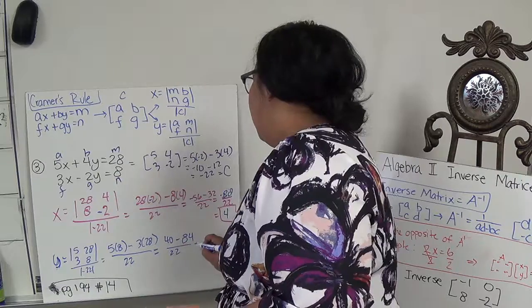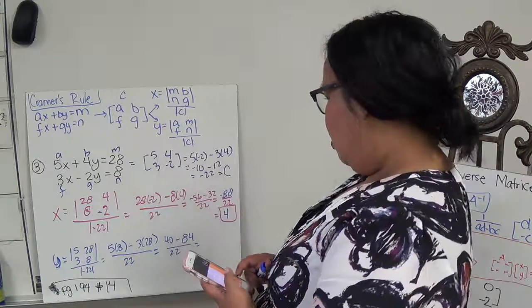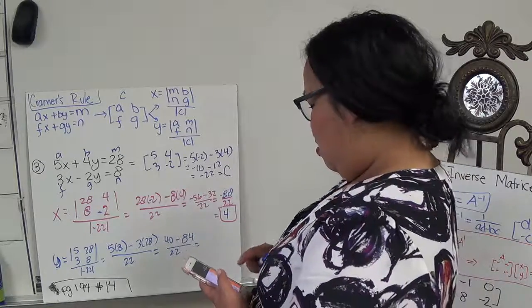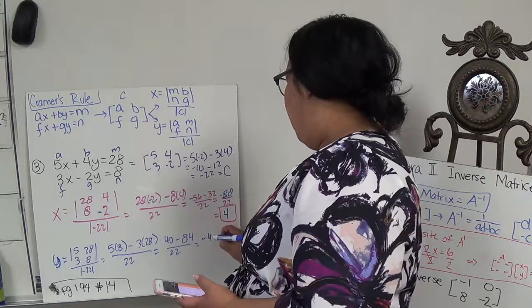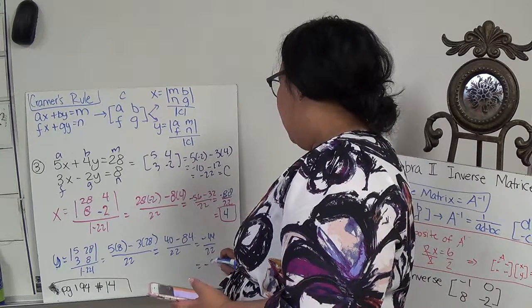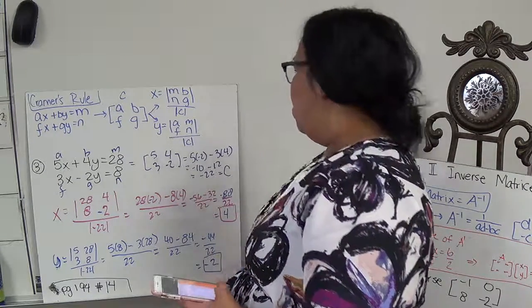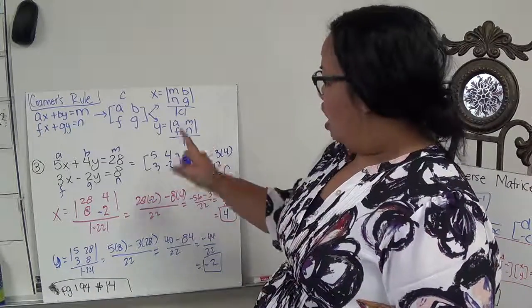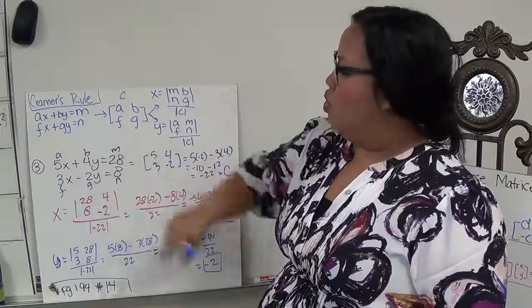Do you have a negative? Yeah. Which is negative 44 over 22, which would give me negative 2. So my x is 4, and my y is negative 2 for these equations.